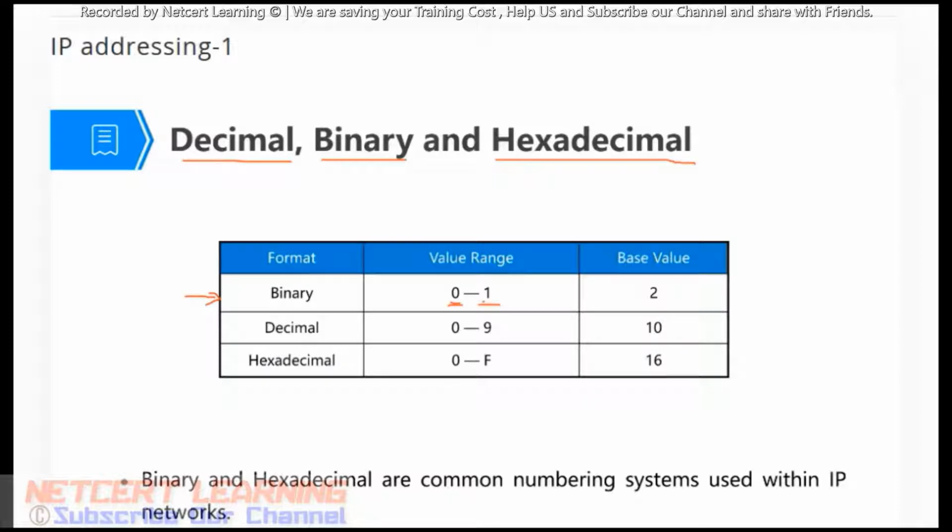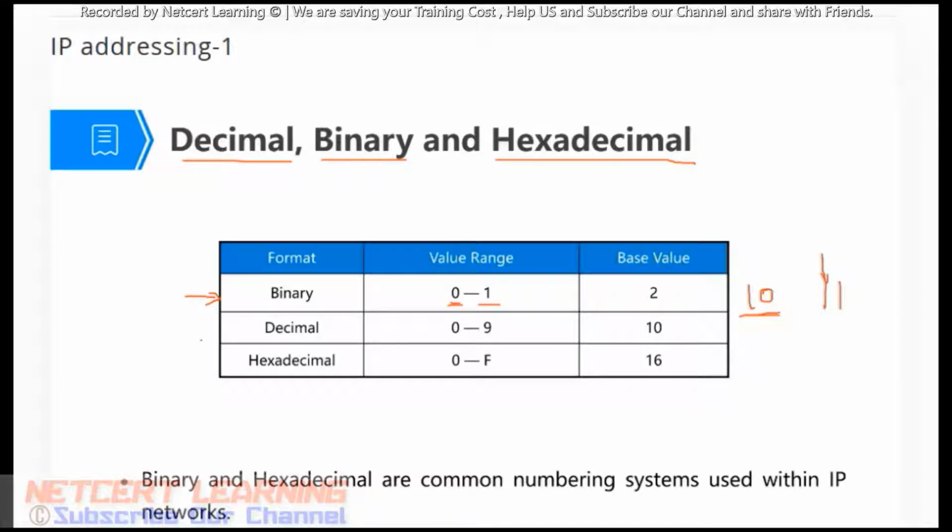If you want to represent 2, how do you express it? That's 1 0. 1 0 represents 2. If you want to represent 3, then 1 1. This 1 means 2.